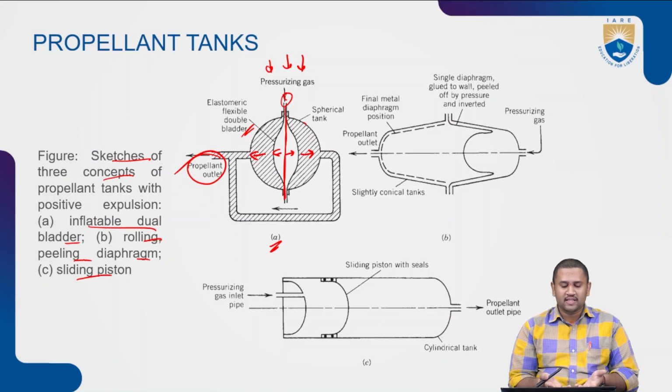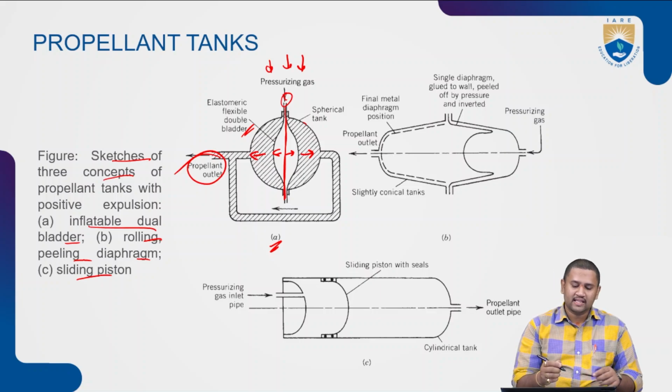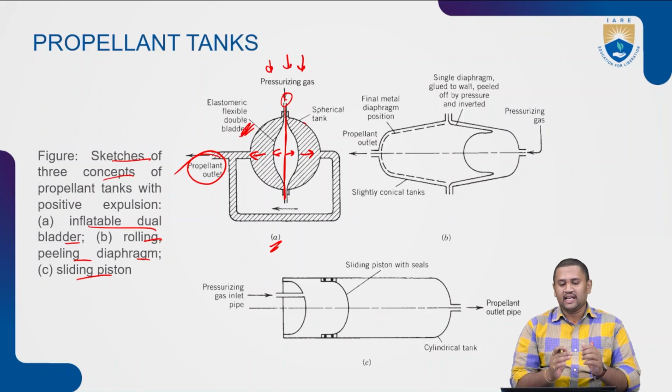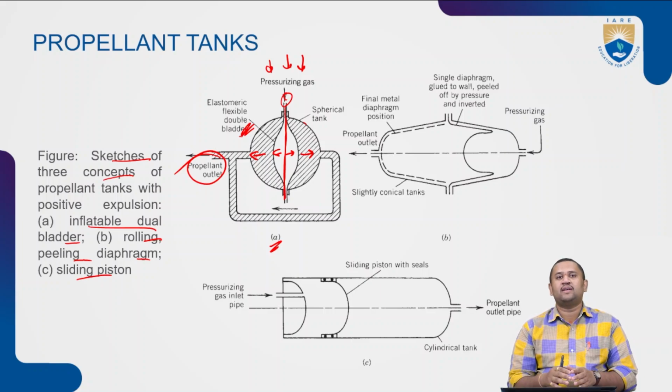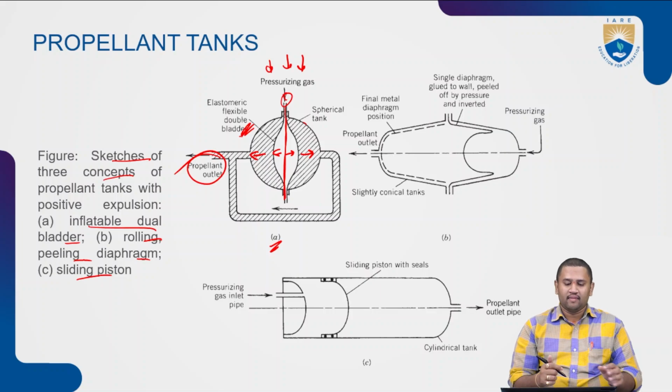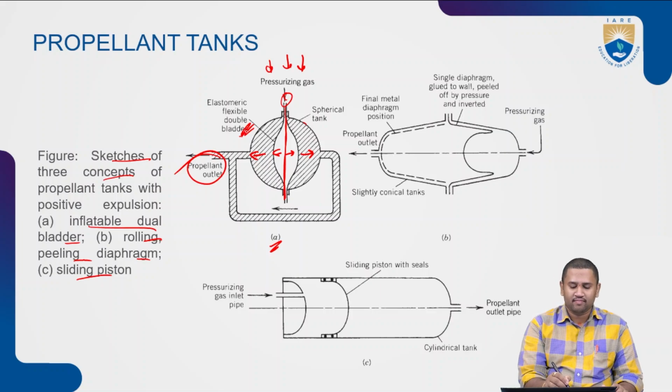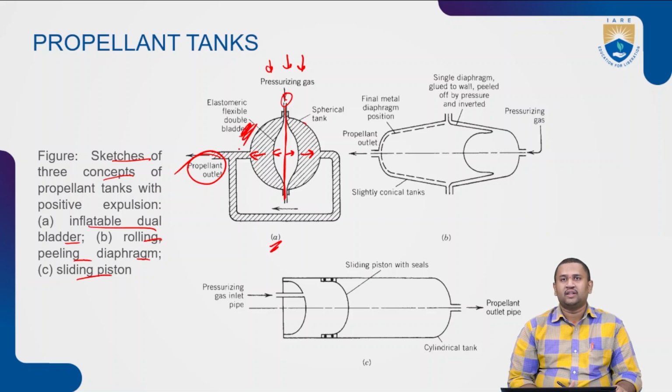Now, as there is a flexible bladder, the gases, whether gas-generated gas or any other vapor, do not tend to dissolve in the actual propellant, as there is separation between them using the bladder. So as there is no dissolution, there will be a constant specific impulse coming out from a specified amount of fuel.